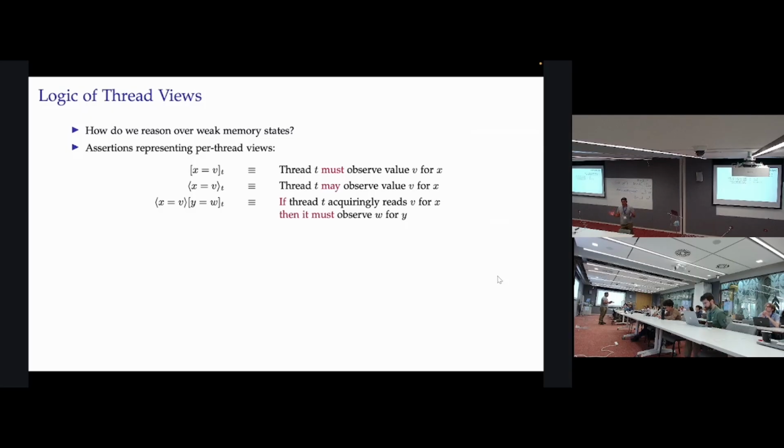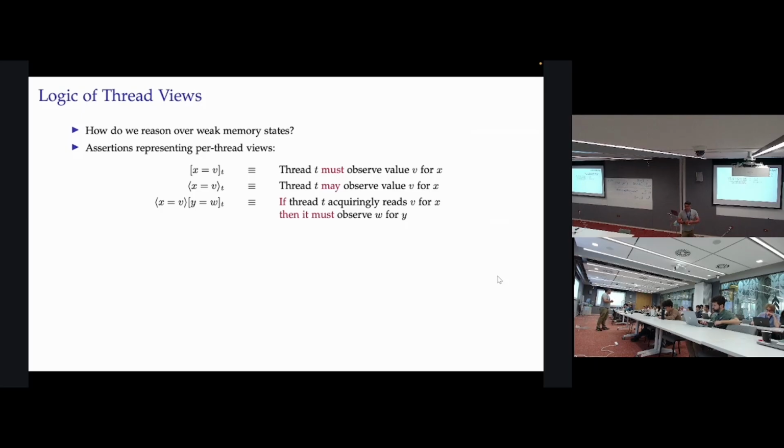I just need a way to talk about views and how views change and so forth. Before, I had a predicate language that had things like equality, less than, plus, minus, whatever. But I need a little bit more here.